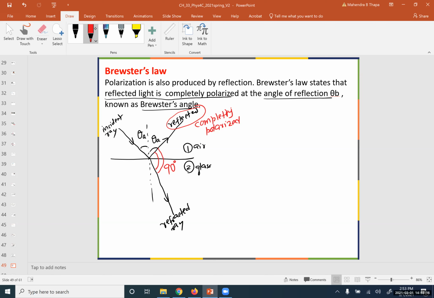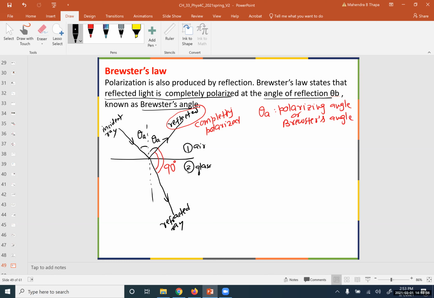So we can say, if the angle between the reflected ray and the refracted ray is perpendicular, then this angle theta A is called the polarizing angle, or the Brewster angle.